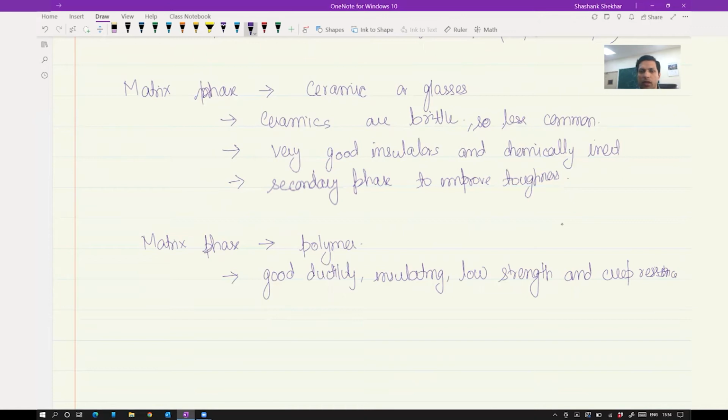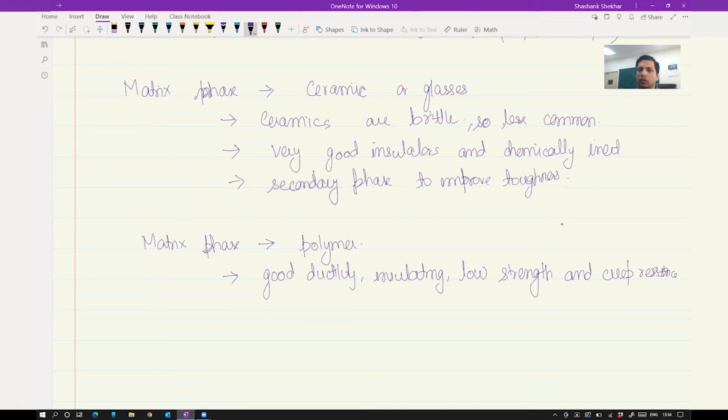So for example, you can think of the lights that we use for Diwali. Nowadays, in the wire that you have over there, the polymer is providing the insulation, and inside is the aluminum alloy or aluminum wire that is providing the current.